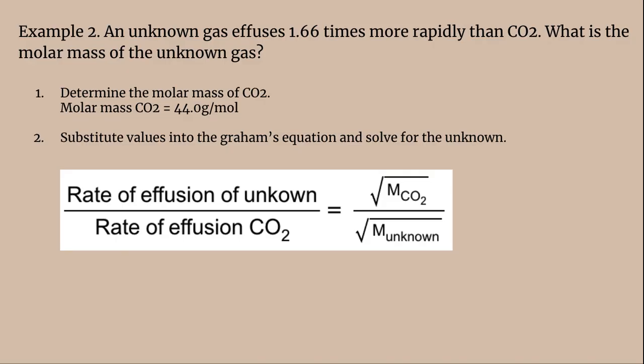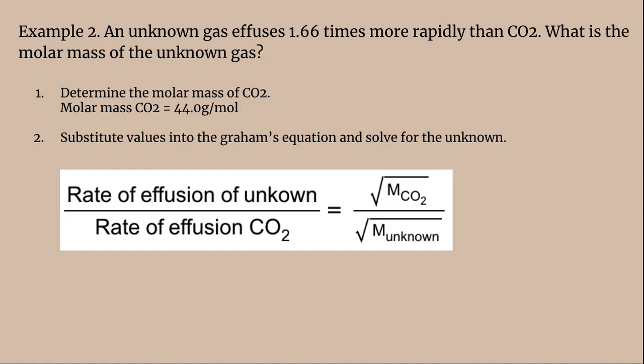Example 2 is a little bit different. An unknown gas effuses 1.66 times more rapidly than CO2. What is the molar mass of the unknown gas? In this problem, we're using the same equation, and the first step is to again determine the molar mass of CO2, which is equal to 44.0 grams per mole.